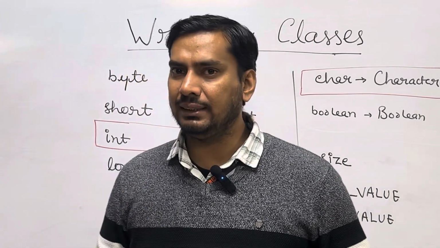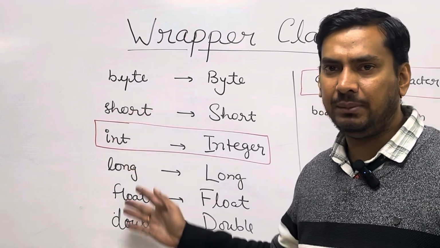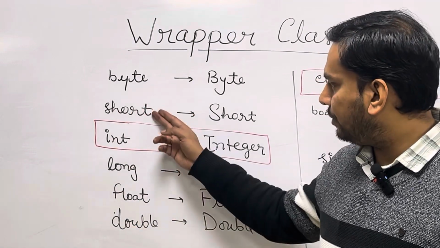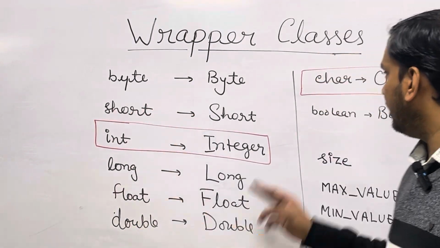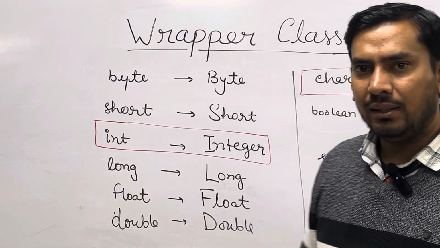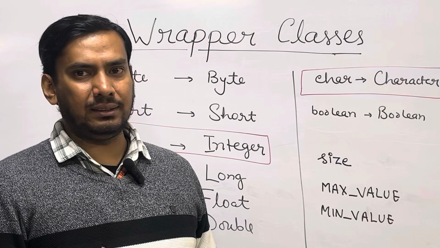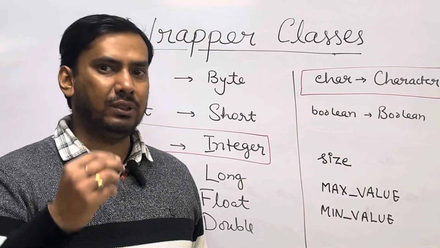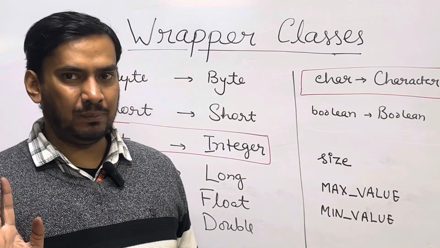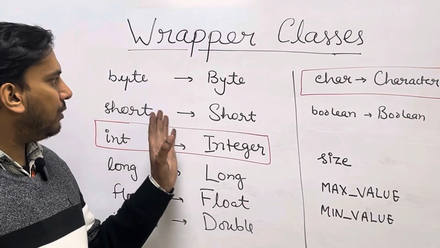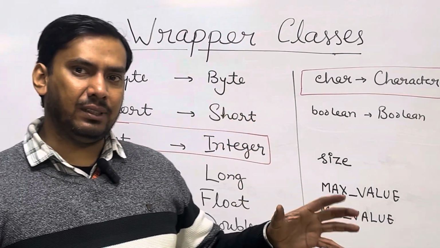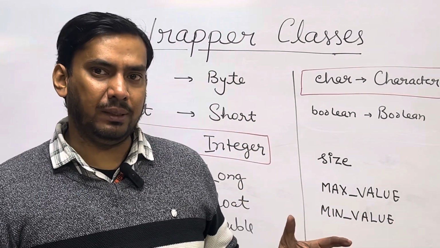We have already discussed that we have 8 primitive data types: byte, short, int, long, float, double, char and boolean. Now, these primitive data types are containers, right? They can just store the value, they are not objects. In Java, the collection framework deals with objects only.